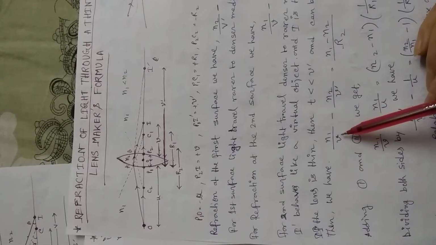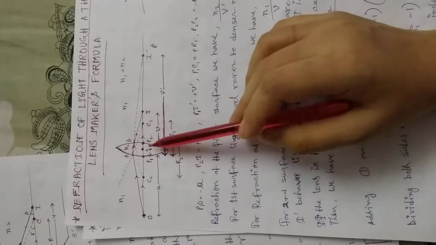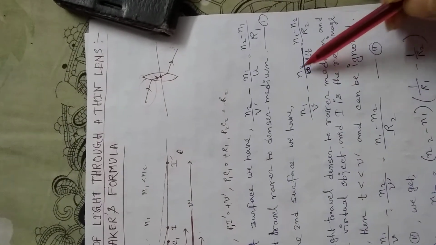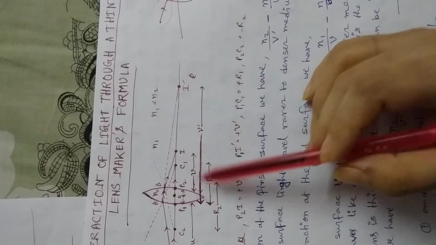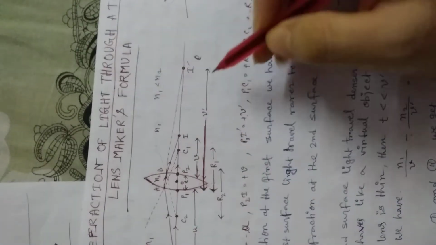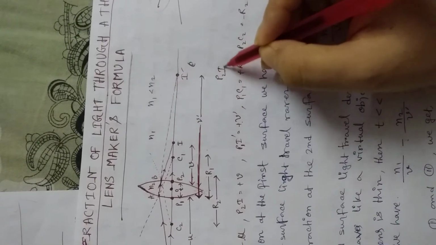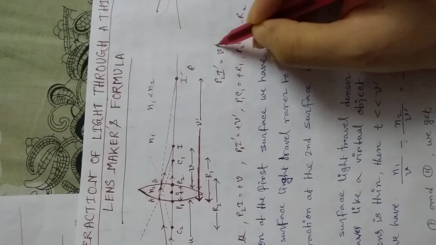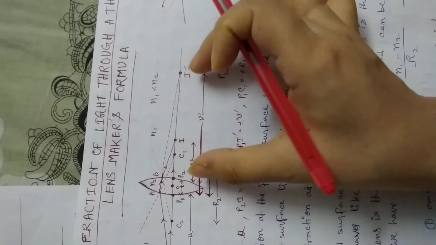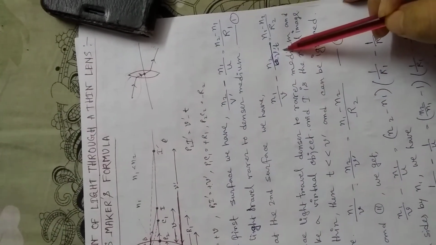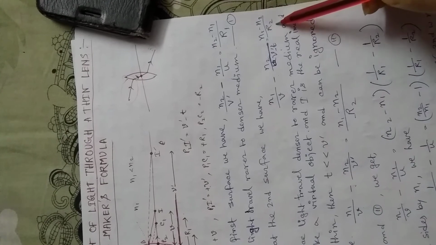So we take N1 by the image distance, which is V, minus N2 by the object distance. For the second surface I dashed is the object, so what is the value of P2I dashed? P2I dashed equals V dashed minus T, right? Because this one is V dashed and this portion is T. So I am writing here N2 by V dashed minus T equals N1 minus N2 by R2.